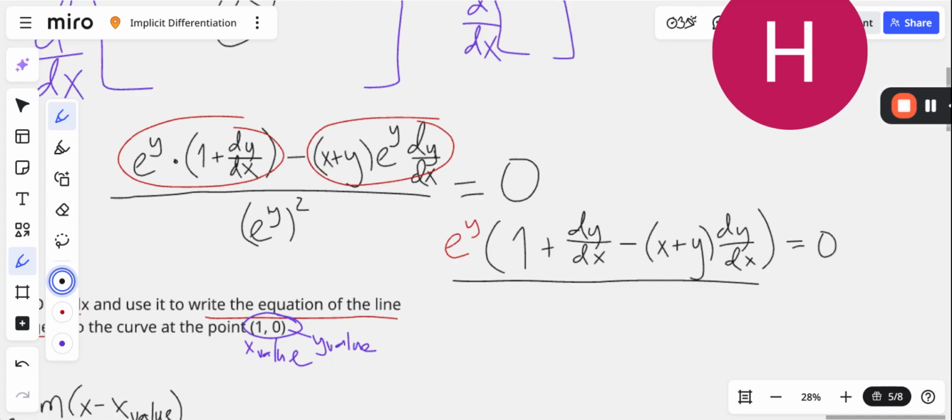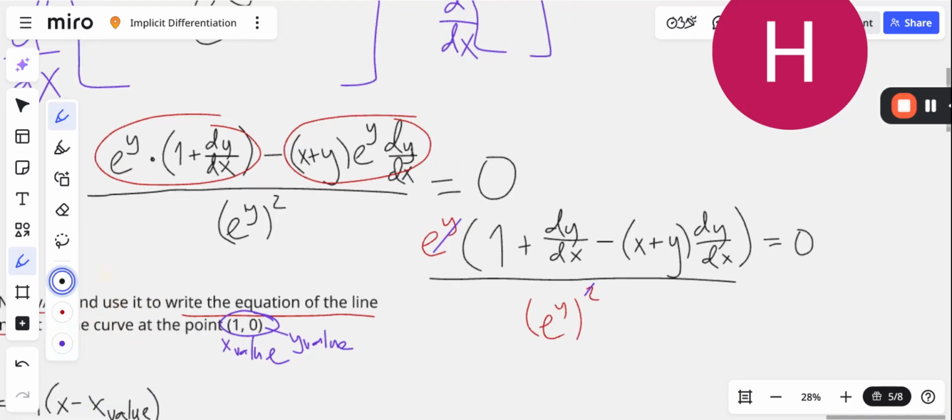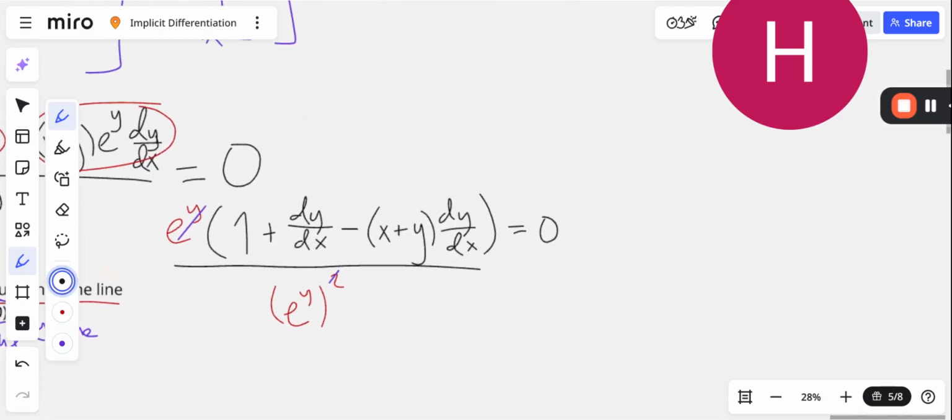Remember, that means e to the y all squared, not just the y being squared. What we can do is multiply these exponents. So this is going to become e to the 2y. Or you could just leave it as e to the y squared. It really doesn't matter, because what we're about to do next is cancel e to the y with one of those e to the y's, which leaves just e to the y. Okay.